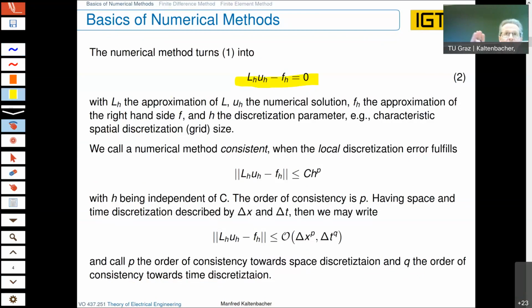That means that is already a discretization we have performed. We are looking for a discrete solution, U_h, and clearly also the right-hand side has to be approximated somehow. In this sense, h is our discretization parameter.